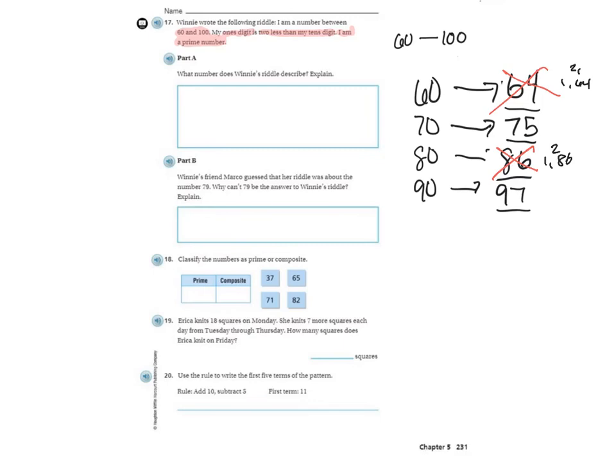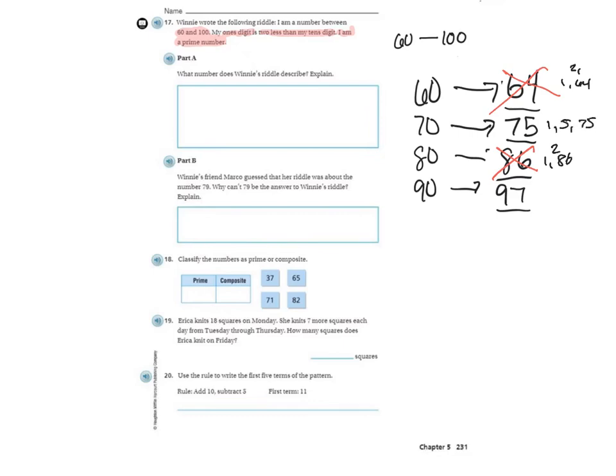Let's go over to 75. Well, it's not divisible by 2, but one thing I can do is it's divisible by 5, because if we remember our divisibility rules, anything ending in a 5 is going to be divisible by 5. And I can count up enough: 5, 10, 15, 20, 25, 30, up to 60, 65, 70, 75. So I know I'm going to at least have 1, 5, and then 75.